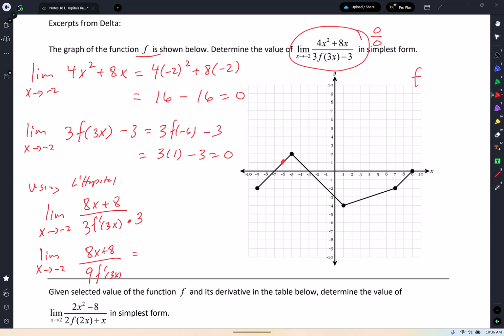All right, let's see what that is, guys. 8 times negative 2 plus 8 over 9f prime. 3 times negative 2 is negative 6. I'm slowing down.